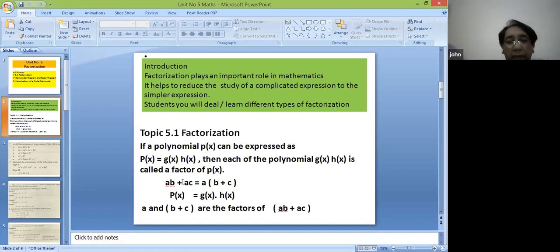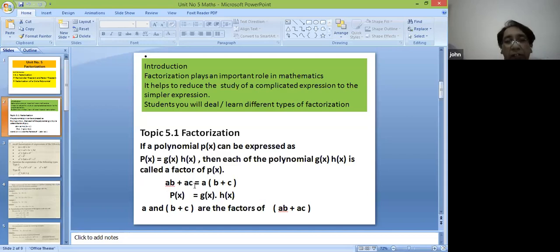Hope you are looking at it. I will explain by solving it as well. AB plus AC is actually the P of X polynomial. But here in these two terms, A is common.